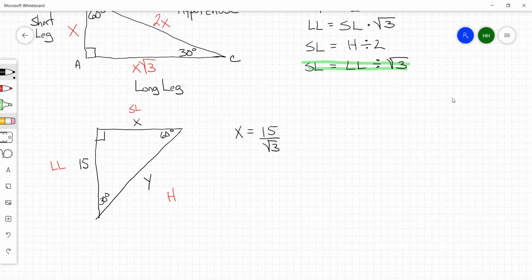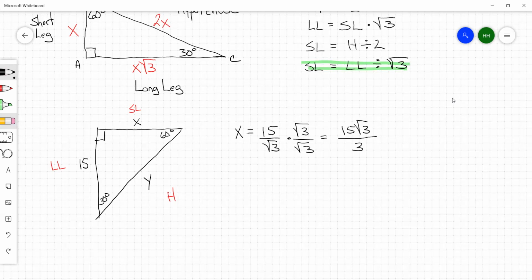If you need it in simplest radical form, then you multiply the numerator and the denominator by the square root of 3. So in the numerator, you get 15 radical 3. In the denominator, what do you get? Square root of 3 times square root of 3. Square root of 9, which equals what? 3.